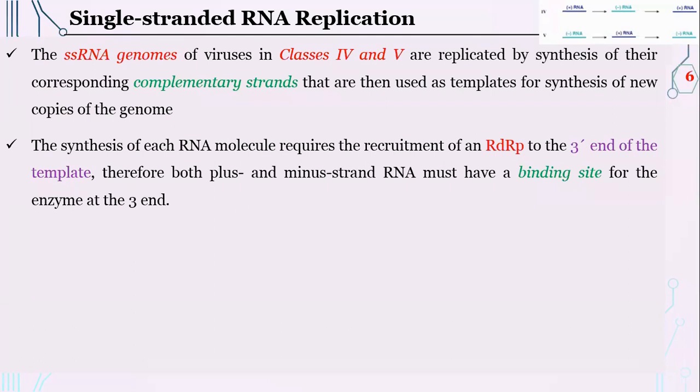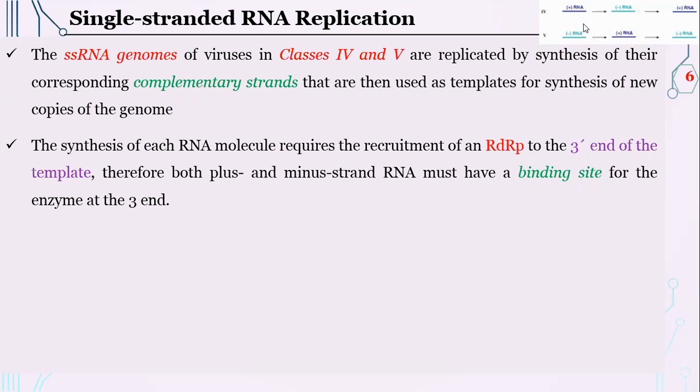So simply, the synthesis of each RNA molecule requires the recruitment of RNA-dependent RNA polymerase to the 3' end of the template. The RNA-dependent RNA polymerase will be recruited and bind there. And for binding, recognition is important. So the polymerase will recognize the 3' end.